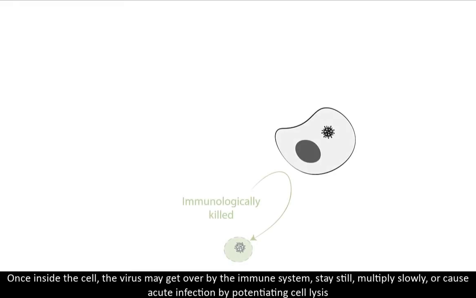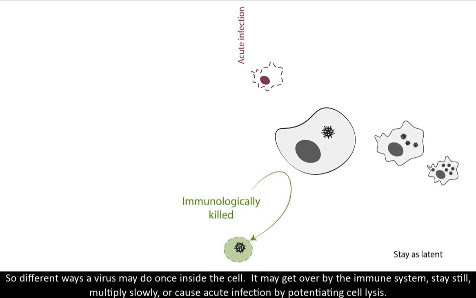Once inside the cell, the virus may get overcome by the immune system, or may stay still, or may multiply slowly, or cause acute infection by potentiating cell lysis. So there are different ways of what the virus will do once inside the cell.